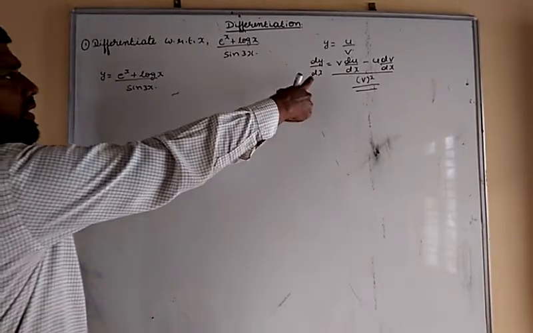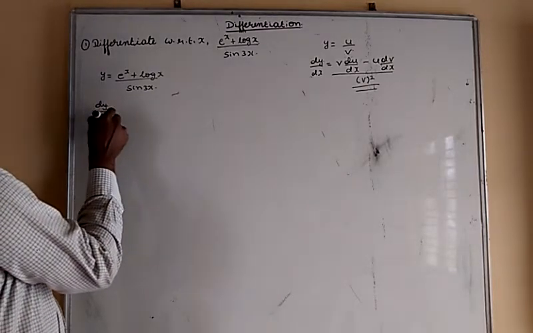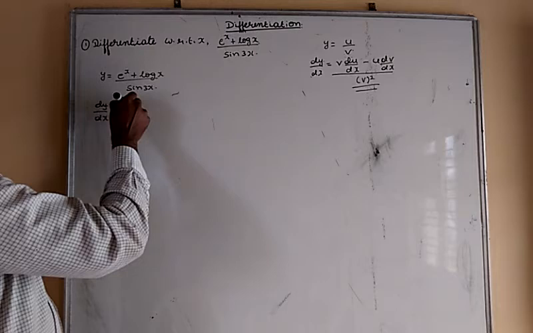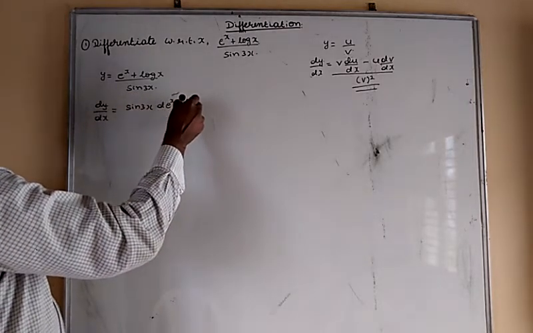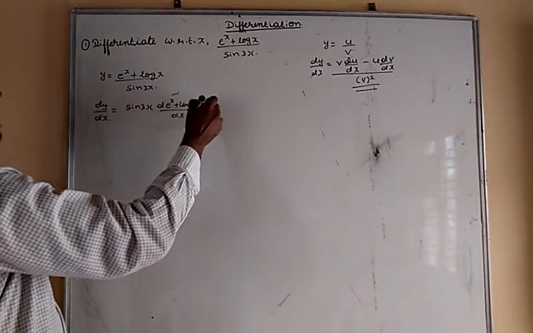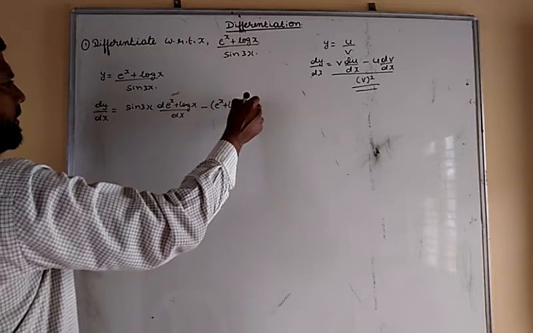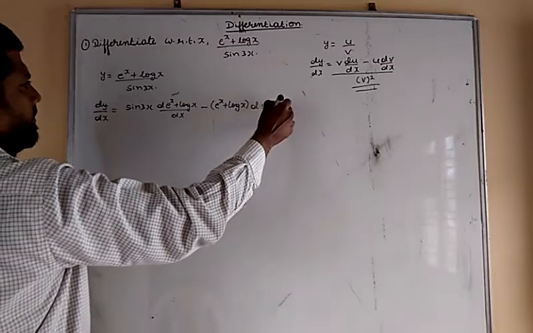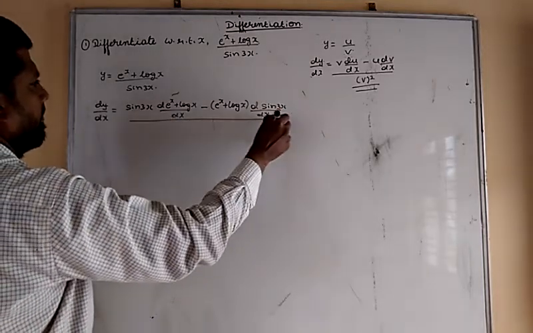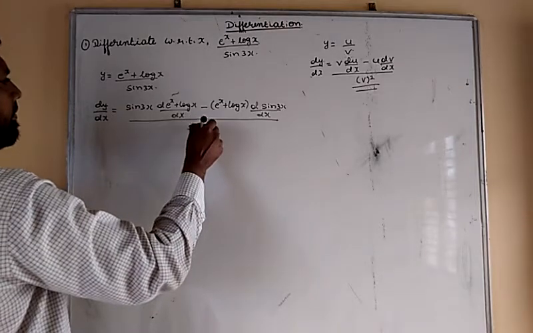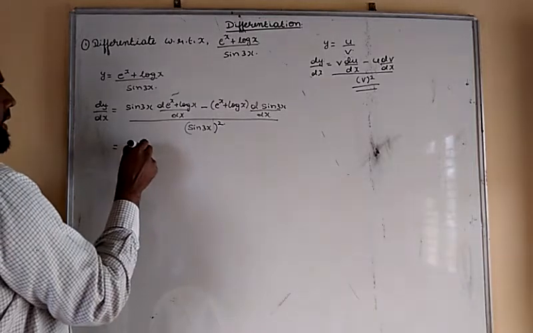Now apply the formula, the u by v rule, means dy by dx. So differentiation of y with respect to x equals denominator into differentiation of numerator, minus numerator into differentiation of denominator, over sine 3x.